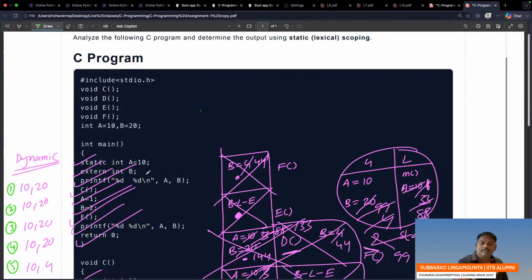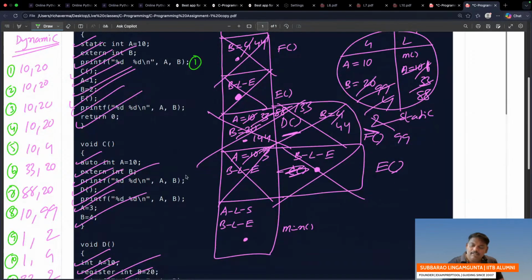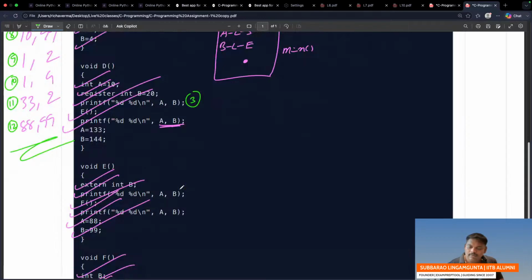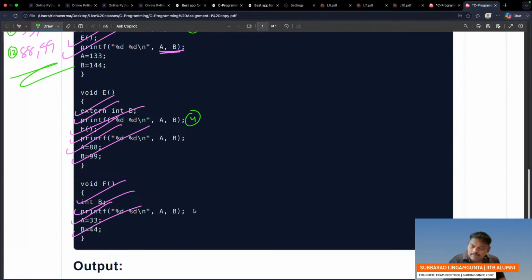Let's try this. So it is the first printf. Go to the C. It is the second printf. Go to the D. It is the third printf. Go to the E. It is the fourth printf. Go to the F. It is the fifth printf.